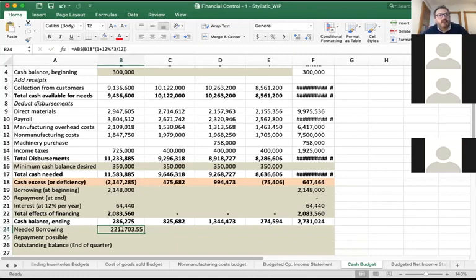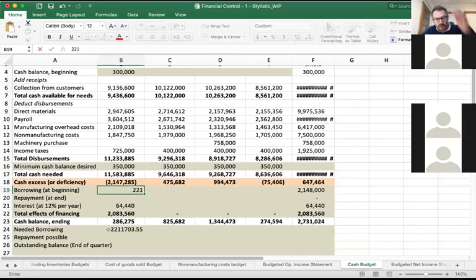This is how I calculate my amount that I need to borrow. So let's say that I go for this one, but we know that we can borrow only thousands of dollars, so I need to round it up to the upper amount of $1,000. So let's go for it.